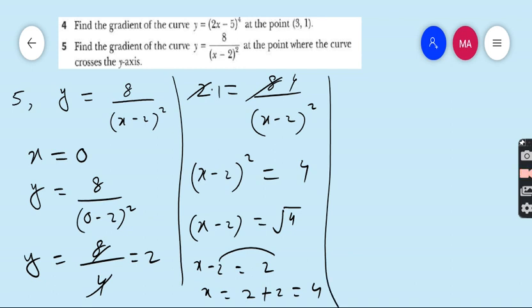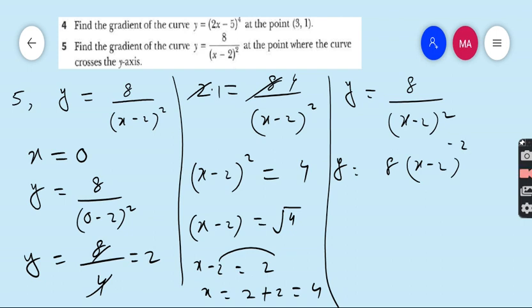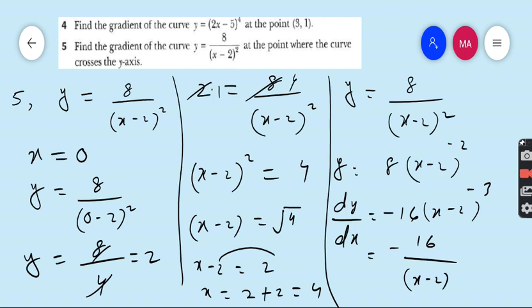Now take the equation again: y is equal to 8 upon (x minus 2) whole square. Shift this (x minus 2) to become the numerator. Now find the derivative. Derivative means find the gradient. dy by dx is equal to 8 into minus 2, which is minus 16, (x minus 2) to the power minus 2 minus 1, which is minus 3. So dy by dx is minus 16 upon (x minus 2) to the power 3.